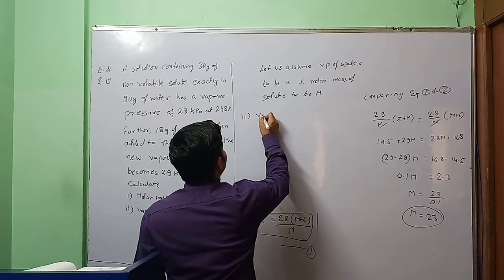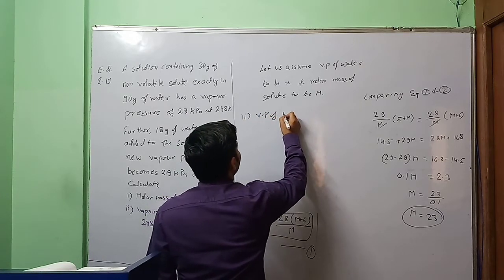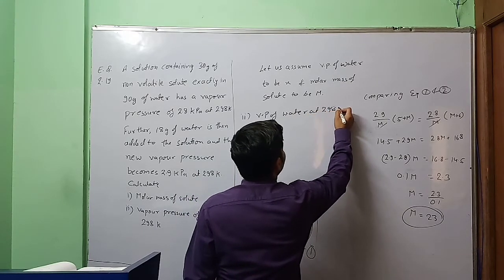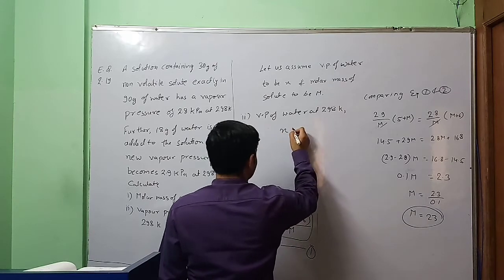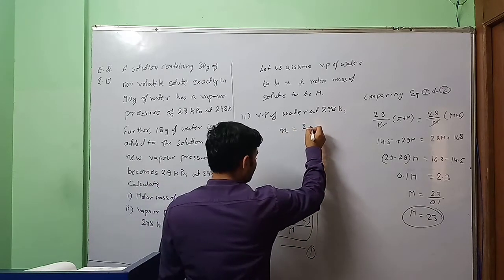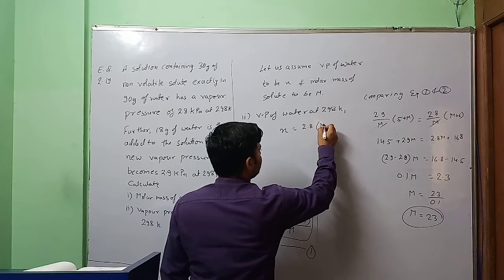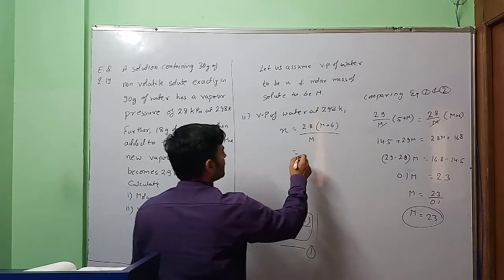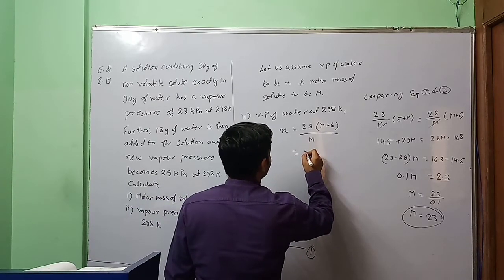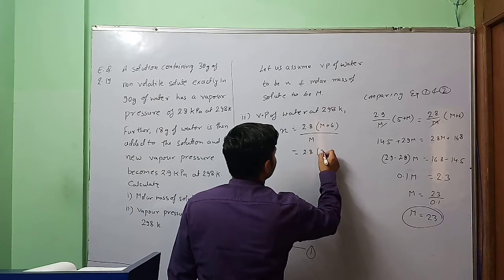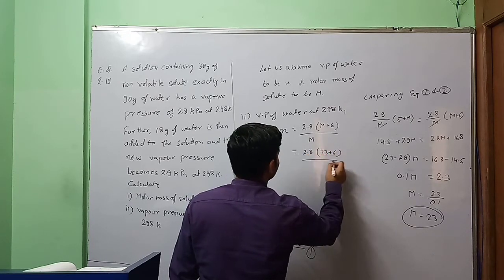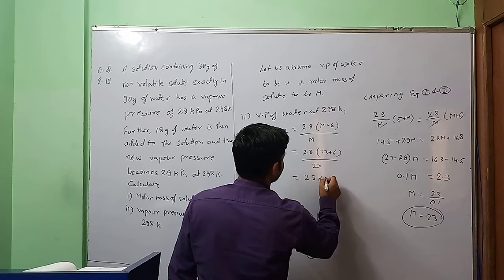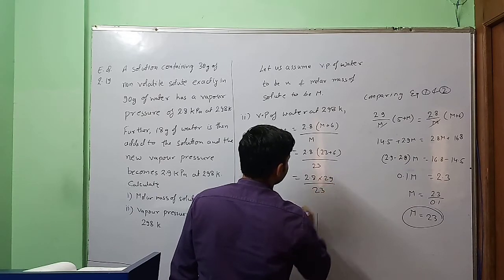Second part, vapor pressure of water at 298 Kelvin, X equals, we are getting here 2.8 into M plus 6 upon M, that is 2.8 into 23 plus 6 upon 23, 2.8 into 29 upon 23.